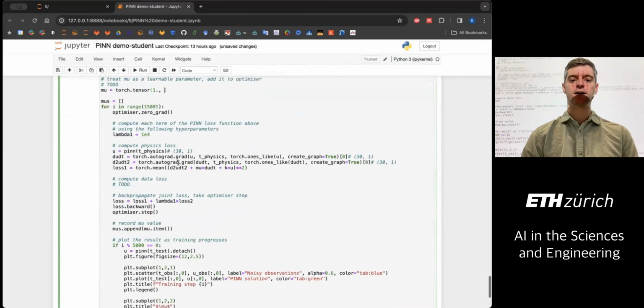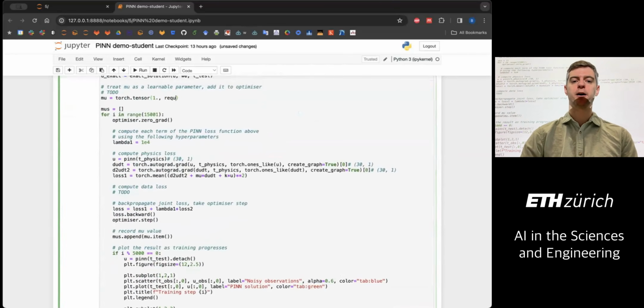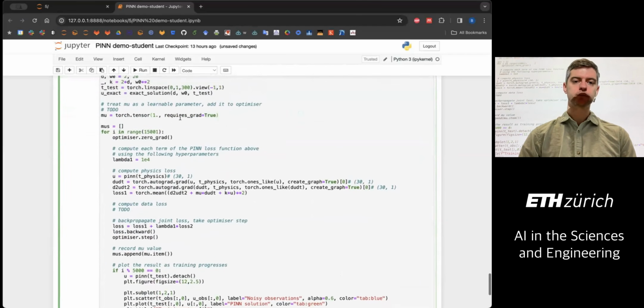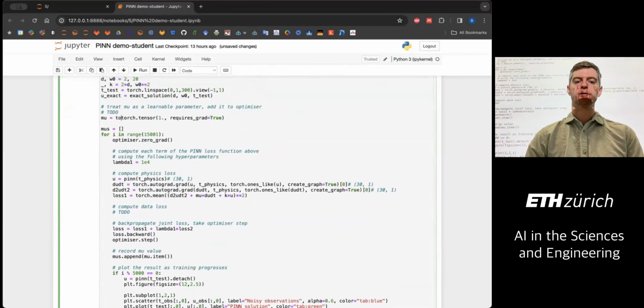So I need to make sure that this is a tensor that requires gradients, so that I can auto-differentiate it. The other thing I'm going to do just to help PyTorch is define this as a parameter. This is just a wrapper that allows the optimizer to work well. It doesn't do anything other than that.